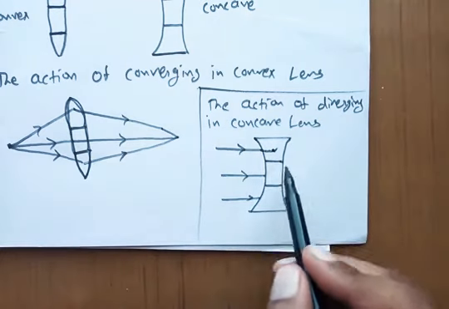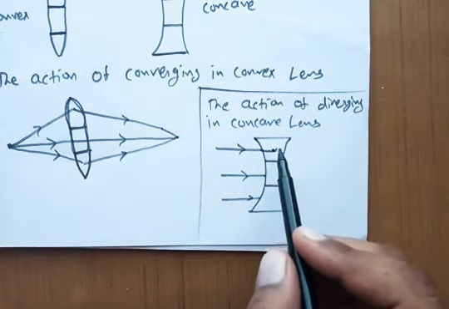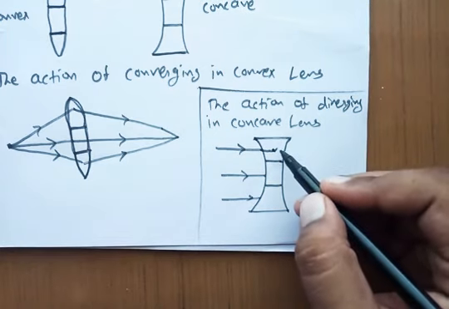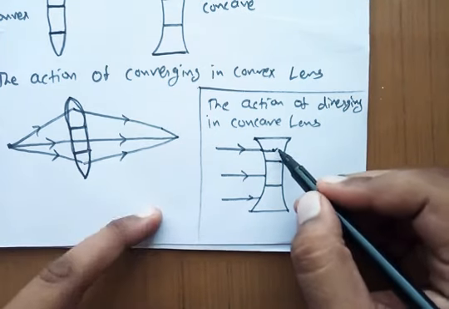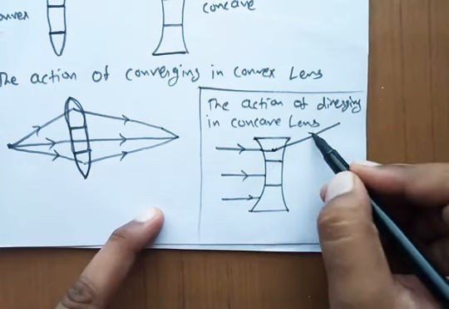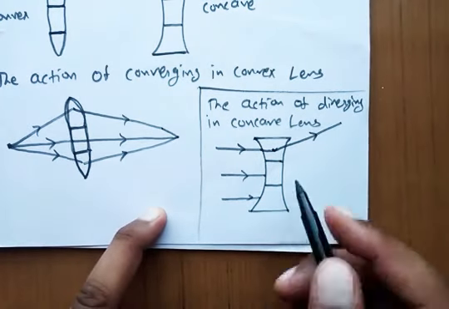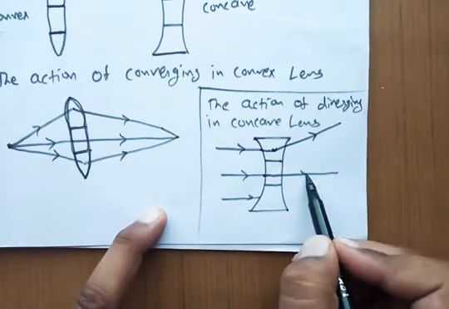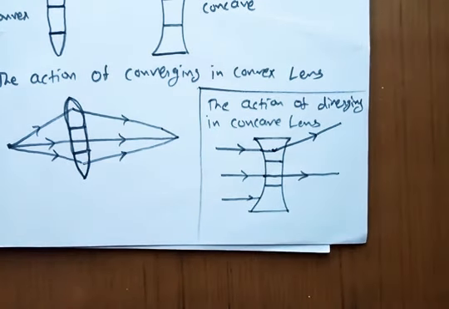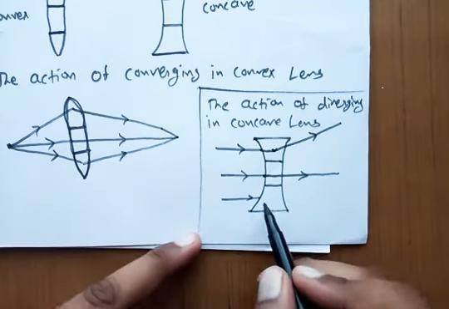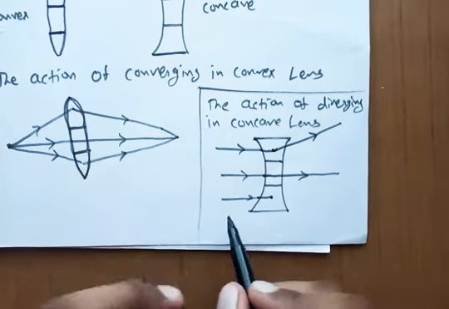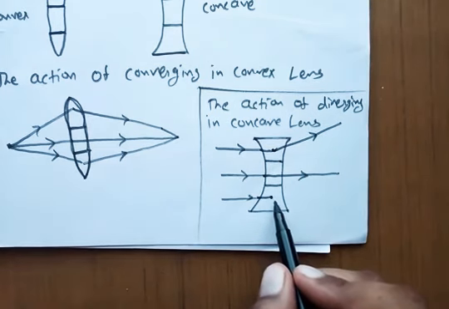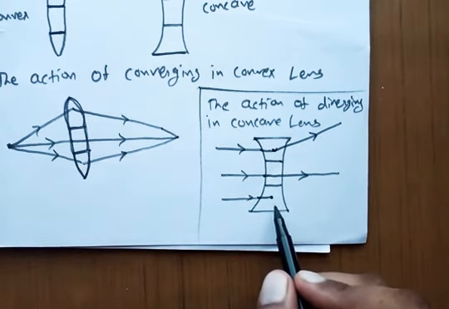Now after emerging from this surface, the light will move towards where the base is. For the upper part, the base is in the upward direction, so after refraction that light ray will move upward like this. Similarly, this light ray has a rectangular part, no need to worry, it will go in the straight direction. Similarly here, after emerging from this portion, it will move towards the base line. Where is the base line?